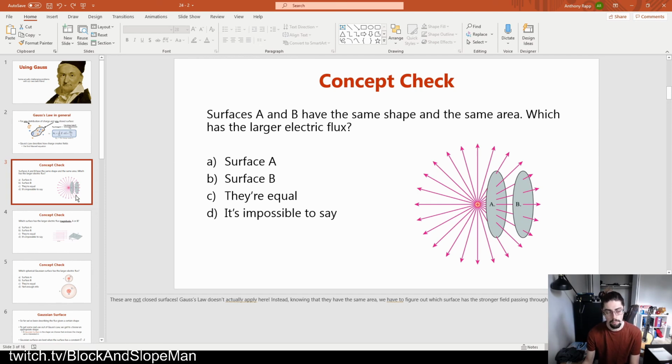What do we think, team? I want to make sure you know that these are not closed surfaces. There's no charge inside. We are just looking at two plain old sheets. Gauss's law does not apply here.